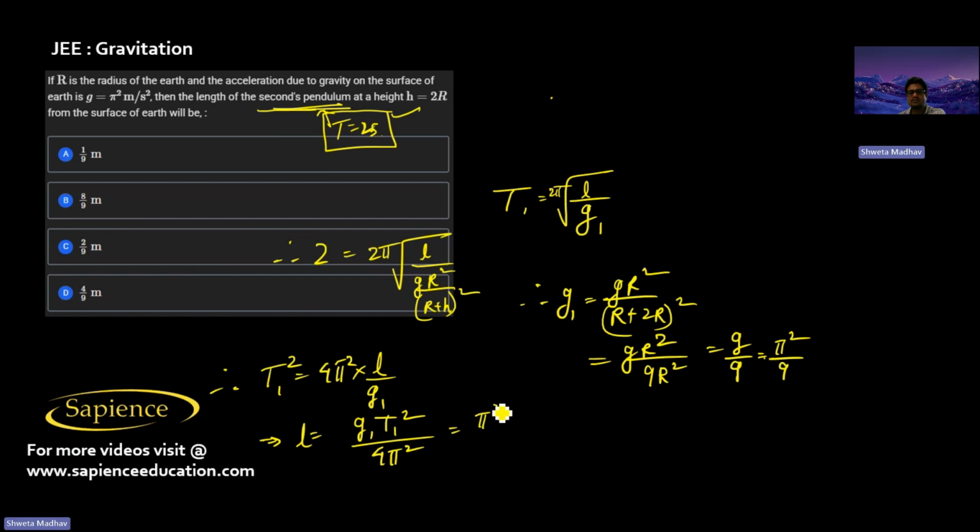So g1 is pi square by 9 into T1 square, which is 4, by 4 pi square. Pi square will cancel, so that is 1 by 9 meters. So the length should be 1 by 9 meters. Option A is the correct answer.